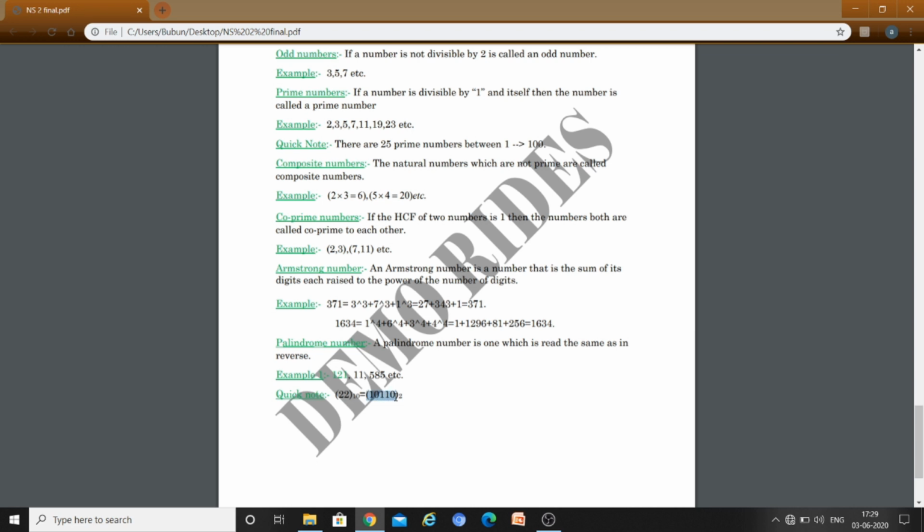Okay, this binary number is not a palindrome number. So we can say that if any number is a palindrome in one base, it is not necessarily a palindrome in other bases. Okay, if 22 is a palindrome in the decimal number system, it is not necessarily a palindrome number in the binary system.